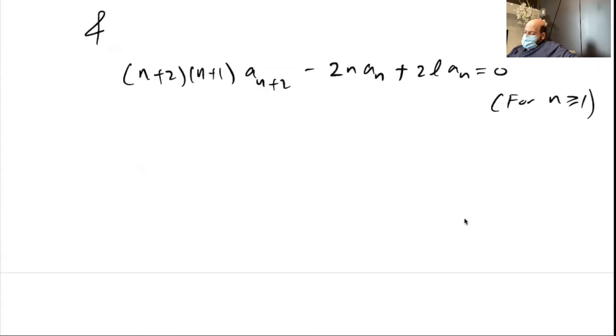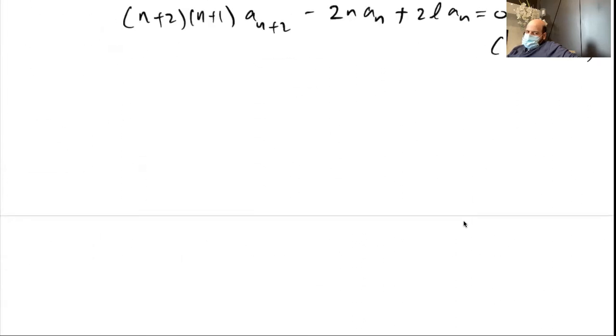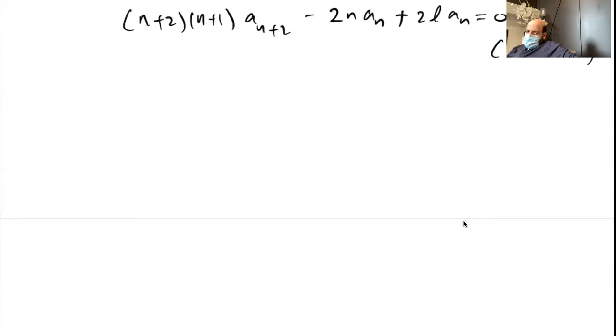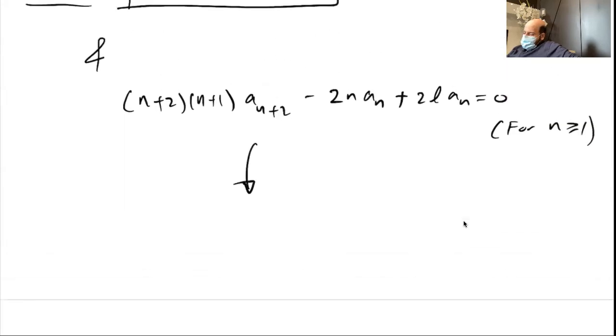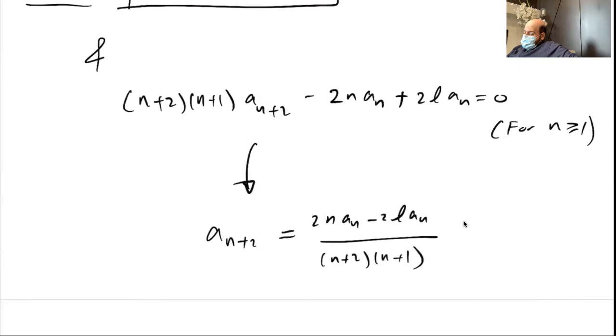So this formula has to be valid for n bigger than or equal to 1. And then I'll have a n plus 2. If I take a n to the other side, a n plus 2 will be equal to 2n a n minus 2l a n divided by n plus 2 times n plus 1. And this can be written as 2n minus 2l times a n divided by n plus 2 times n plus 1.